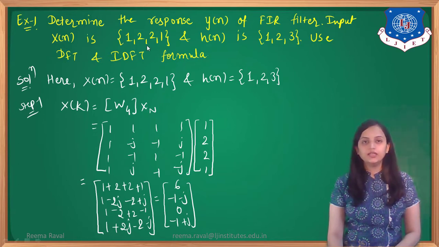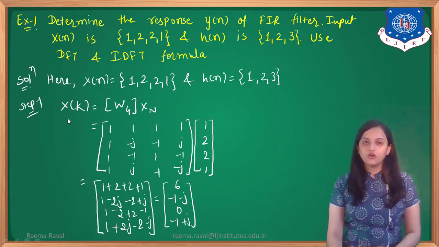So here x of n given to us is 1, 2, 2, 1 and h of n given to us is 1, 2, 3. Now as we are using 4 cross 4 matrix DFT method, we need to have over here 3 values which is to be converted into 4 values. So here there are 3 values 1, 2, 3. We will insert fourth value 0.